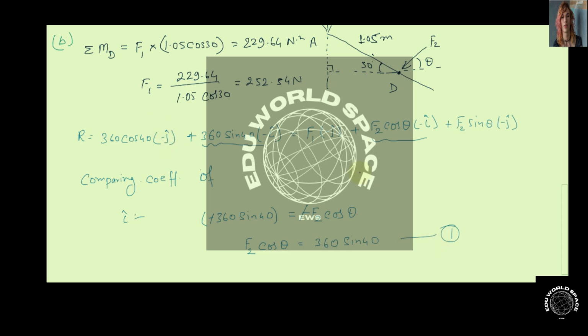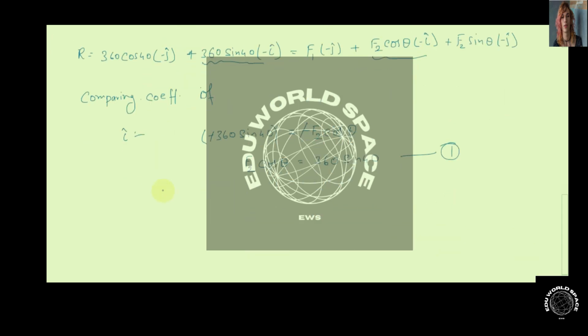Now if we compare the j cap coefficient, the j cap coefficient here is minus 360 cos 40, while here it is minus F1, and from here minus F2 sine theta. Sorry, this is F2 sine theta, not 40.